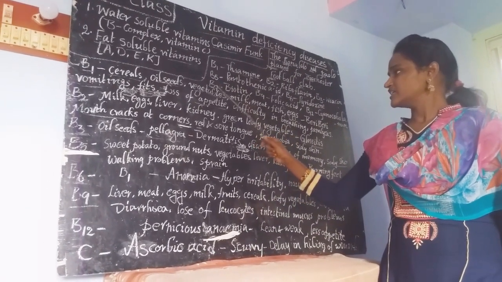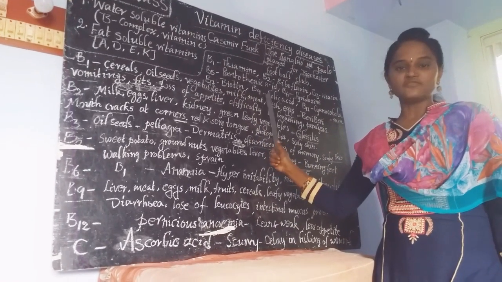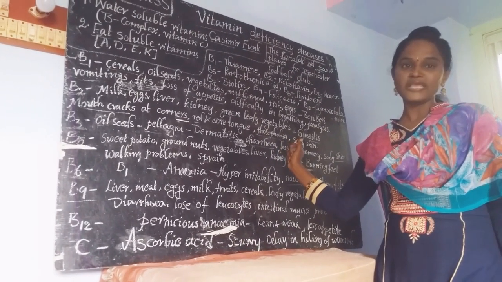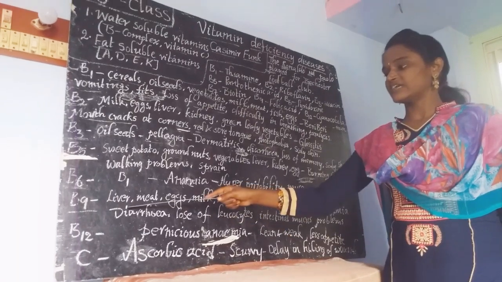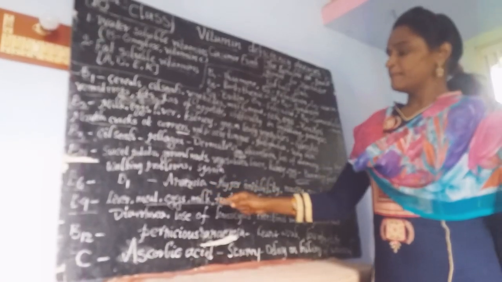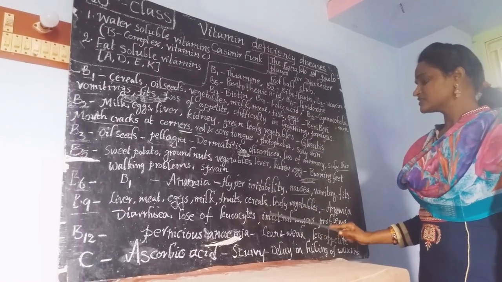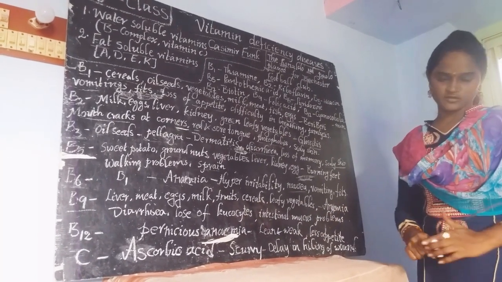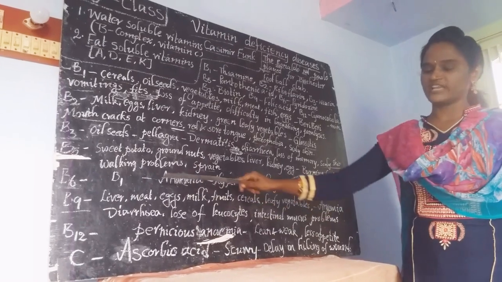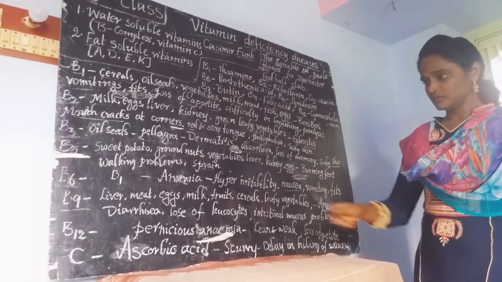Then we go to vitamin B9. The scientific name of B9 is folic acid, and it is available in liver, meat, eggs, milk, fruits, cereals, leafy vegetables. These are all the sources of vitamin B9.